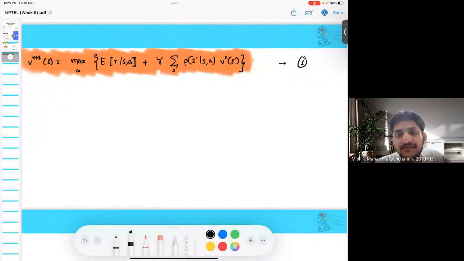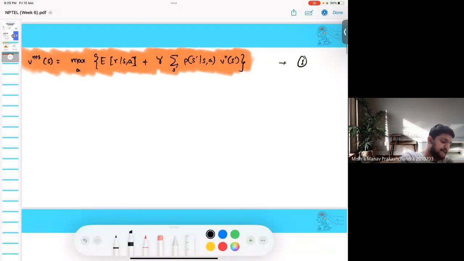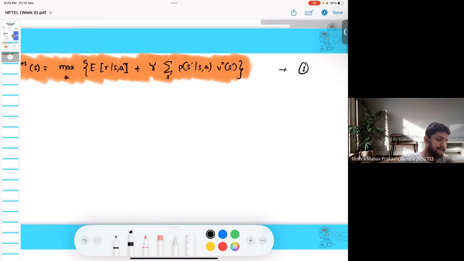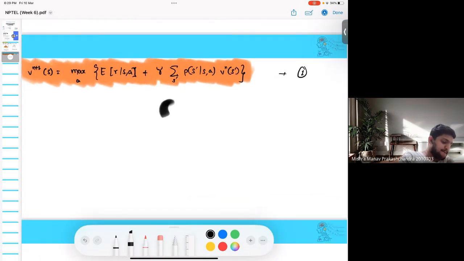Okay, sorry. So imagine you have some state S1, after which the first deterministic action that you take leads me to a terminal state.